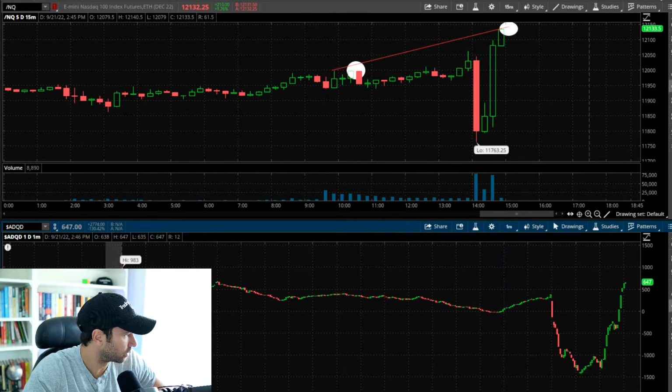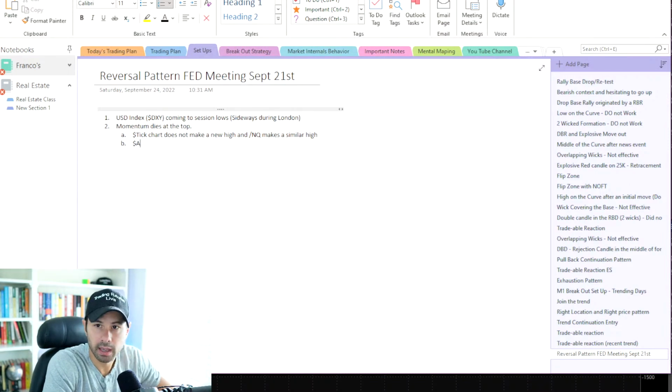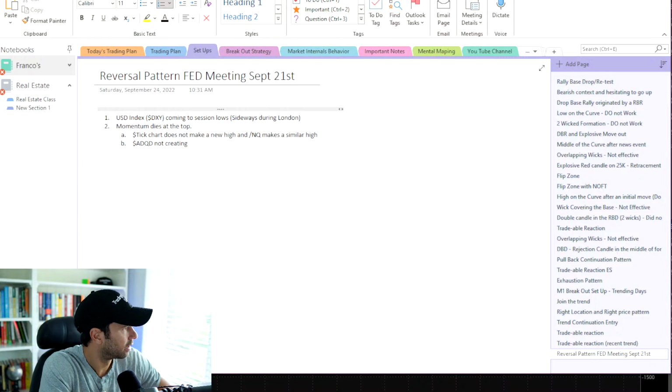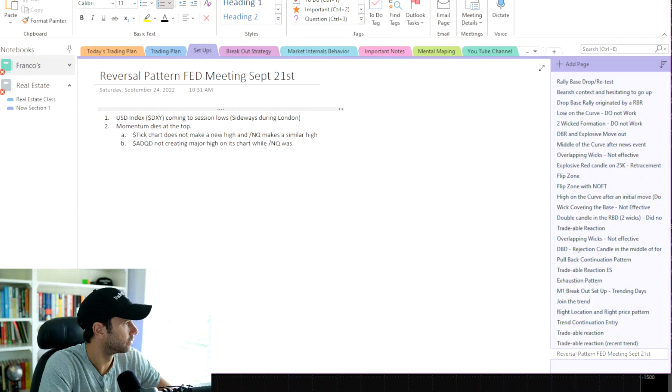So we go back to our OneNote and we put here 2: ADQD not creating a considerable, major high on its chart while NQ was, right?